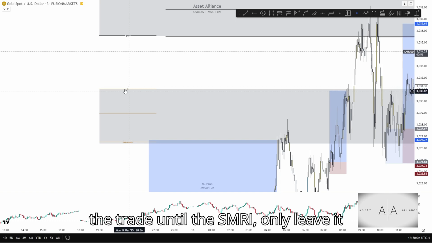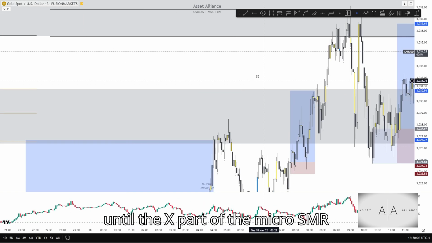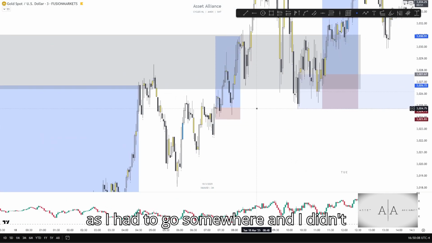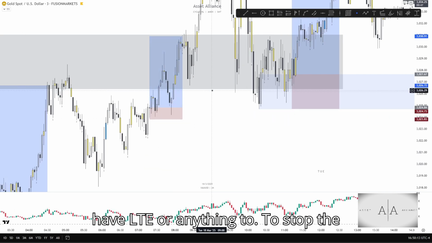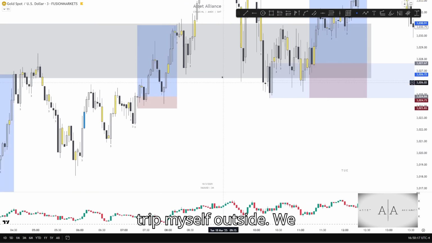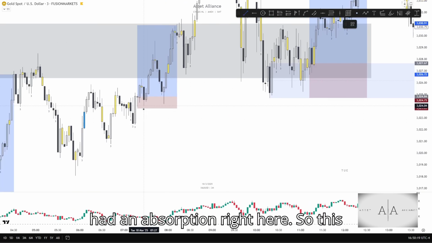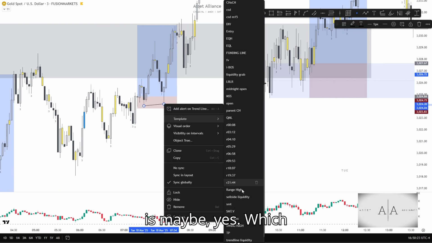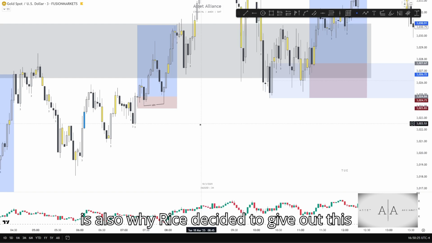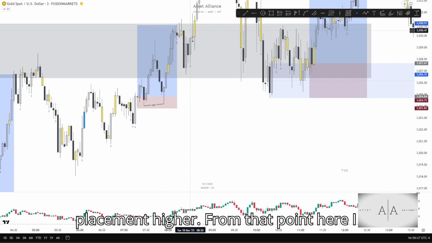I only left it until the X part of the micro SMR, as I had to go somewhere and I didn't want to leave the risk on whilst I didn't have LTE or anything to stop the trade myself outside. We had an absorption right here, so this was an ABS, which is also why price decided to give out displacement higher from that point.